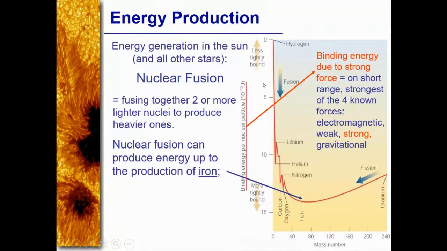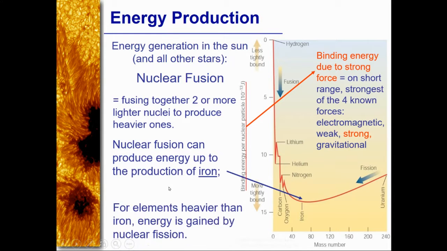So inside stars, elements can be produced up to iron with nuclear fusion. Now, elements that are higher than iron, we gain energy from them by nuclear fission.